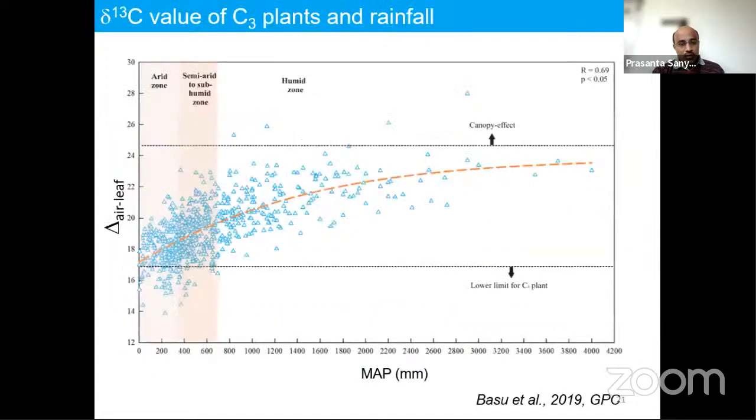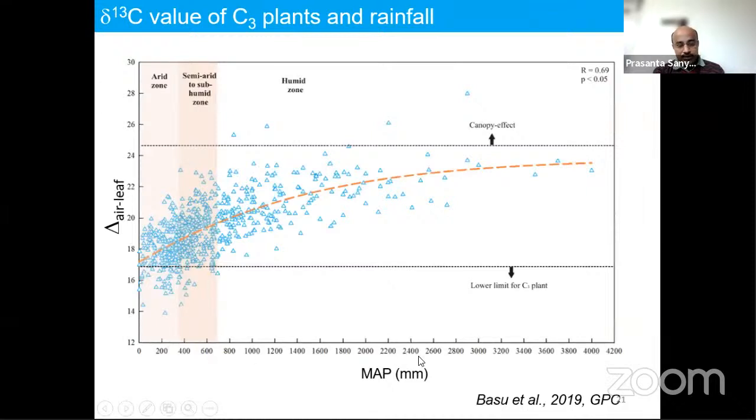And indeed, in one of our papers, we compiled all the carbon isotopic compositions of C3 plants and plotted the discrimination of carbon isotopic composition. That means the difference between the carbon isotopic composition of atmospheric CO2 and the carbon isotopic composition of the leaf.